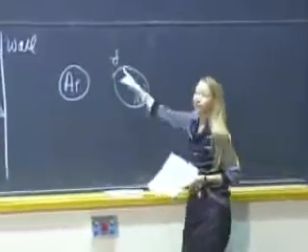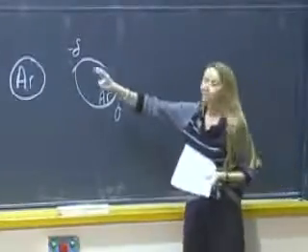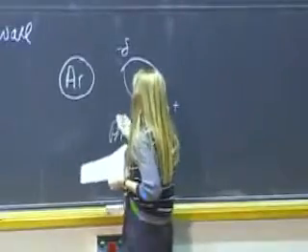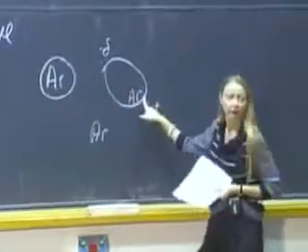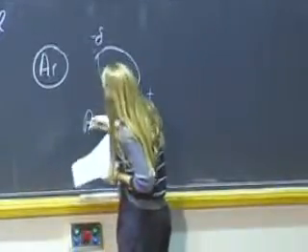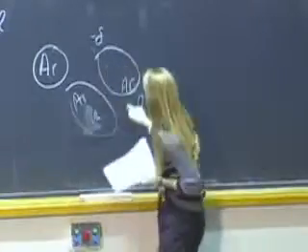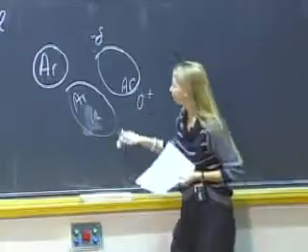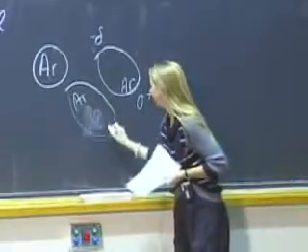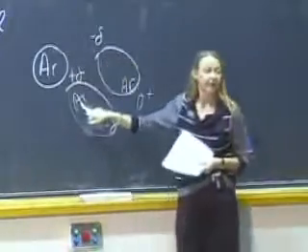And then, of course, if there's another argon atom around, well, this dipole then is going to induce the charge distribution around another argon, so that now the positive end is going to attract or distort the electron distribution around argon in this way, right? And this will be the positive end.